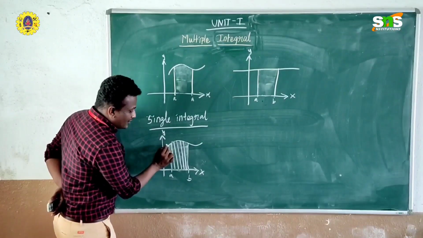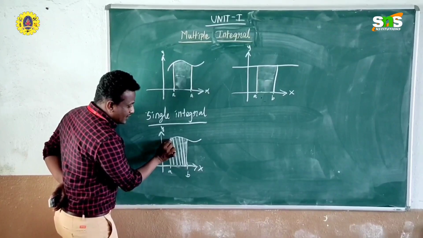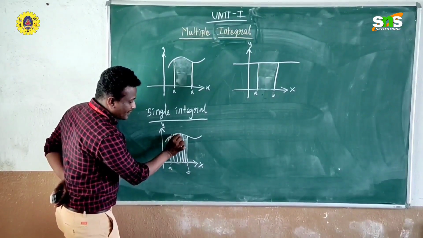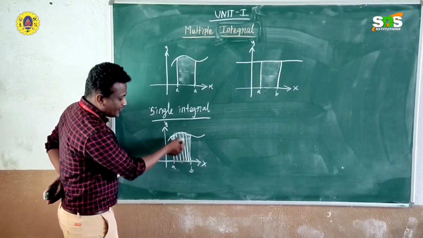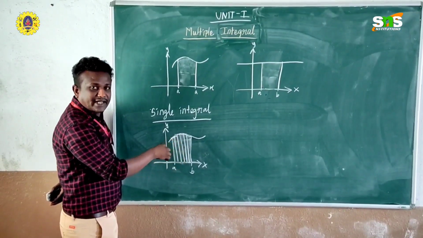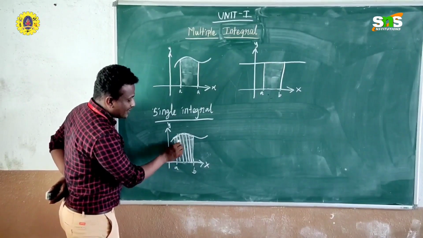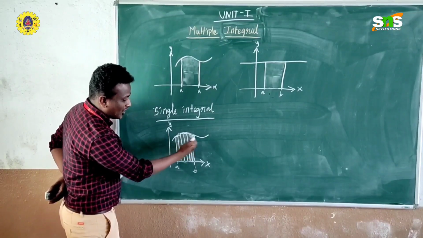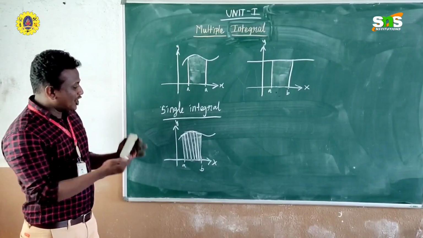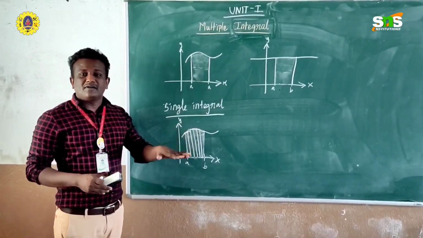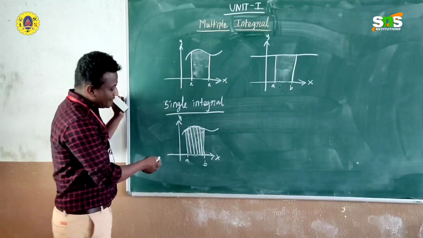Now you can draw a horizontal line towards the x-axis at the top like this, and like this you can draw all the edges. Now you can use the rectangular formula to find the area of this region, then this region, and all the other rectangular regions. At the end you have to add all the results. That is the area of this diagram.